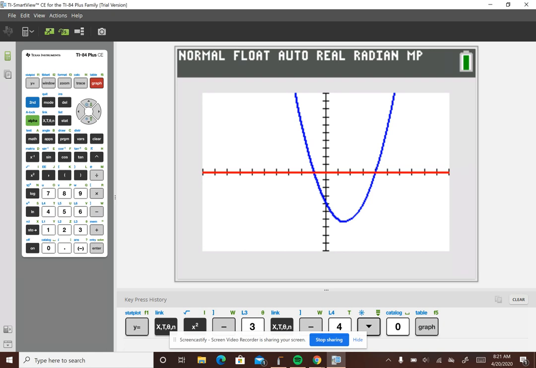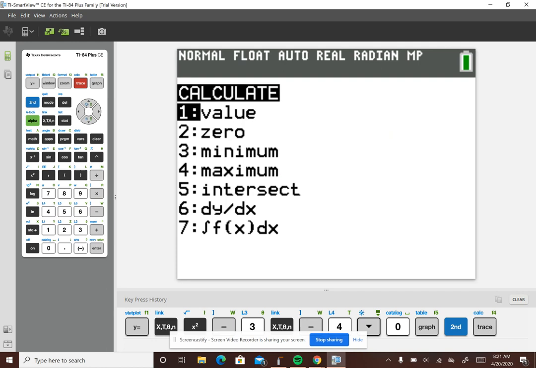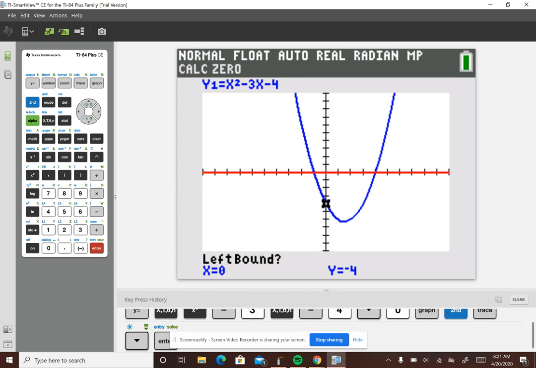Now, if you weren't sure exactly where that crossed, you could do a couple different things. We could do second, and then trace, which is actually the calc button, right? And you can calculate a zero or an intersect. Since I graphed two lines, I could calculate an intersect, but we'll just do a zero for now. This would work if you just had one. And then you have to choose your left bound and your right bound. So if I want to find this first zero, my left bound, using my arrow key, is going to be on this side, and my right bound is on that side.